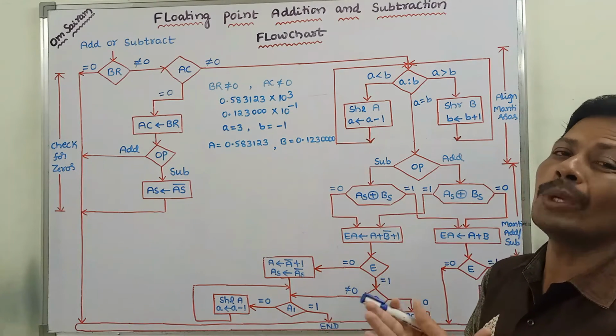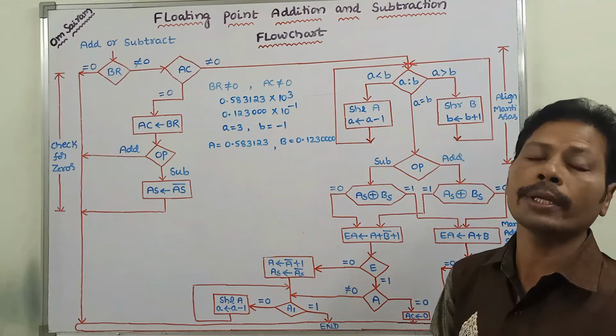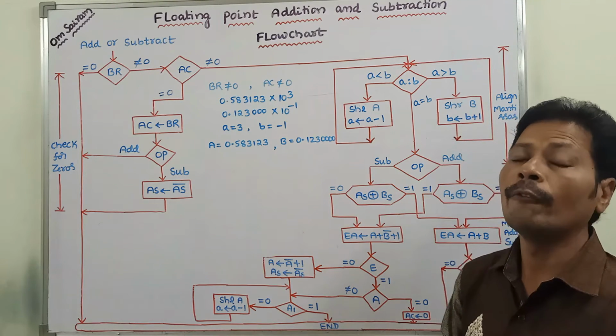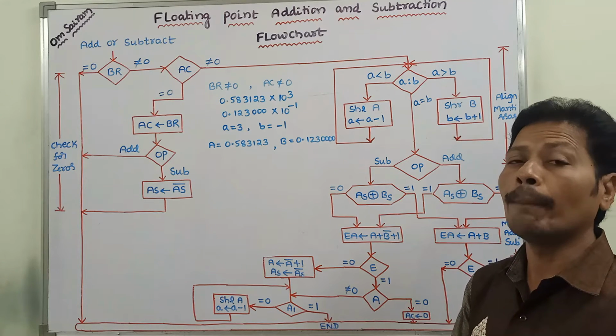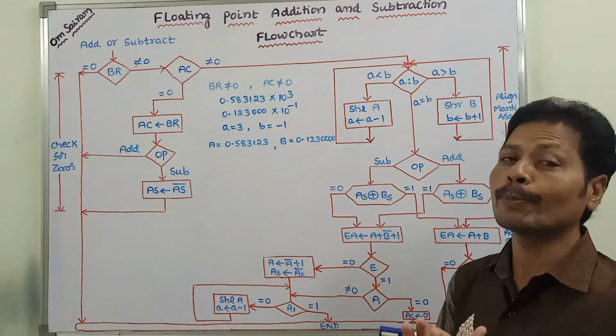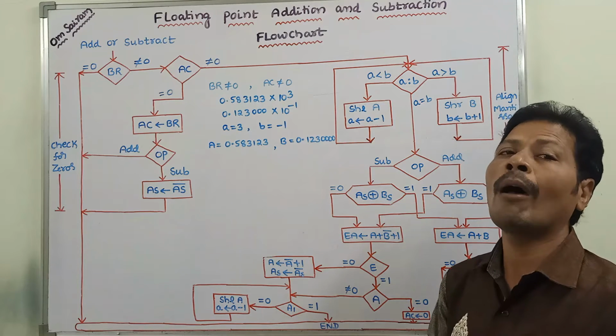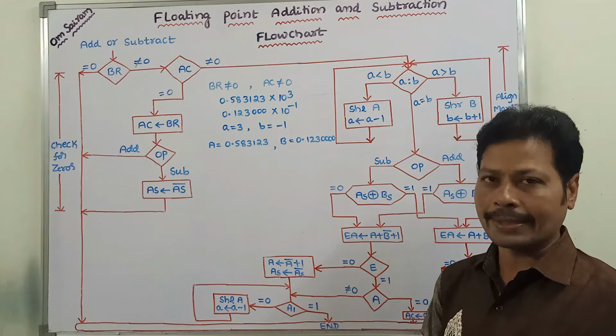We have to equalize the exponents of the two floating point numbers, because only when these two exponents are equal is it possible to perform the addition or subtraction of the mantissas.